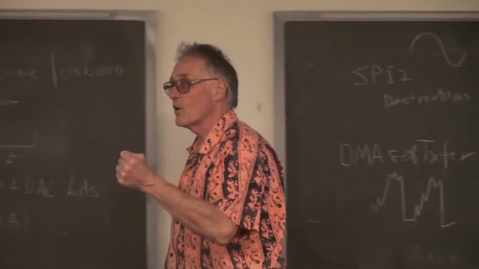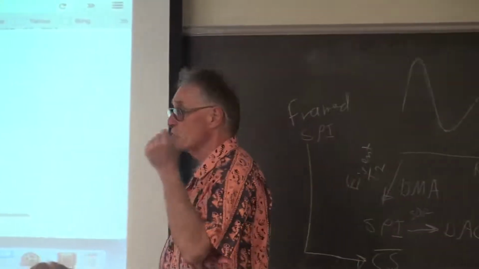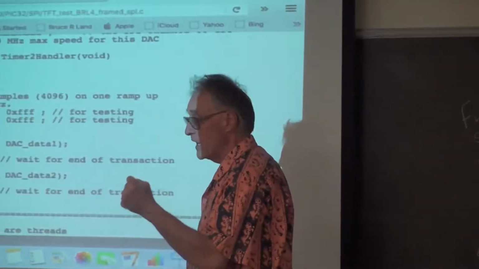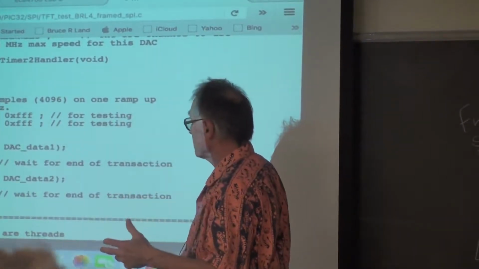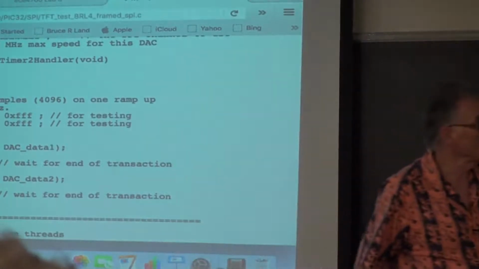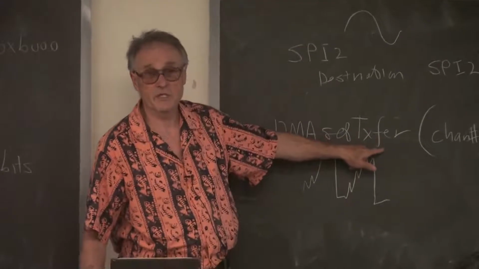Merely, you are going to enable the DMA channel, which is going to traverse the table and spit data out to SPI2BUF because that's how the transfer is set up.